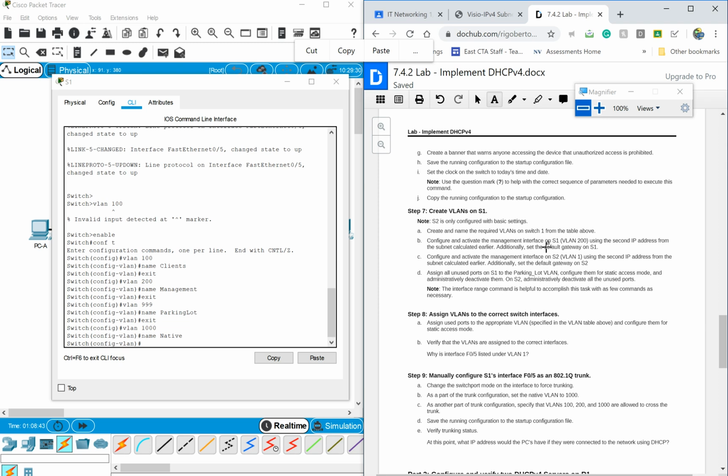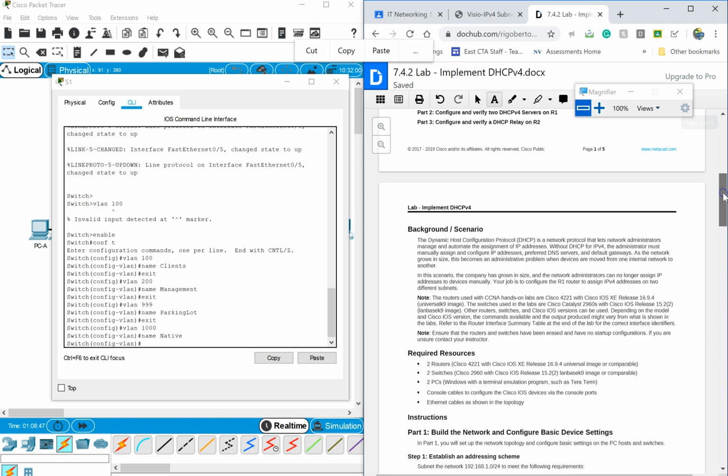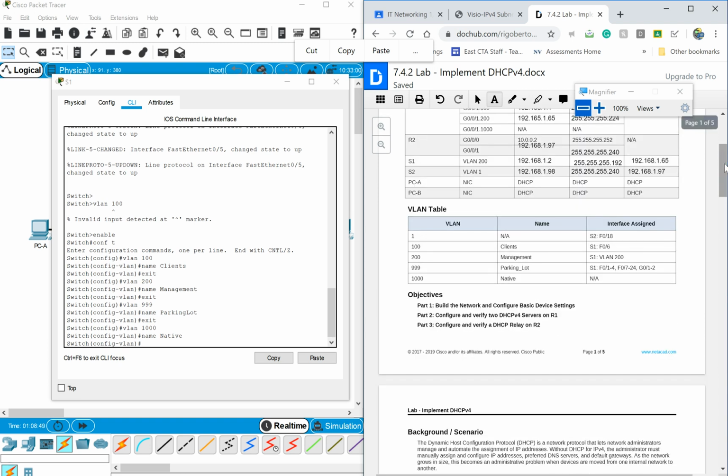So the first one, S1, we need to configure the management interface. It says VLAN 200 on S1 is the management VLAN.